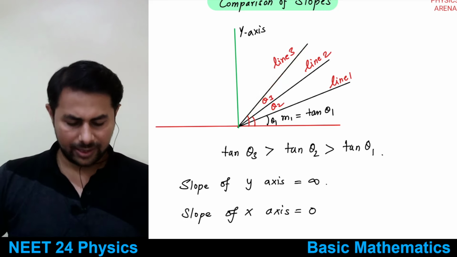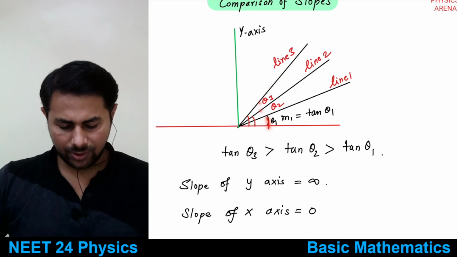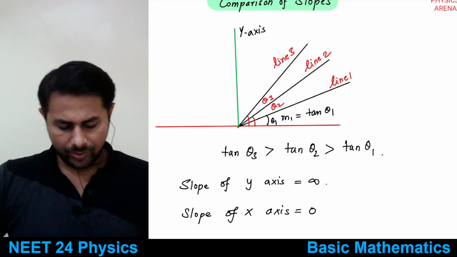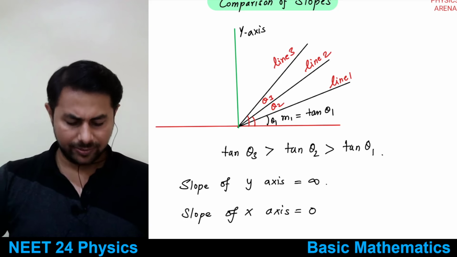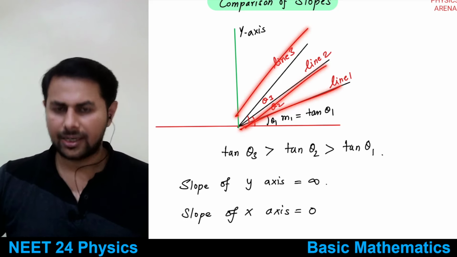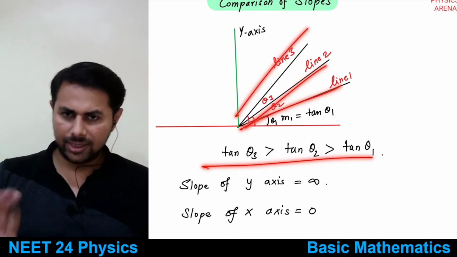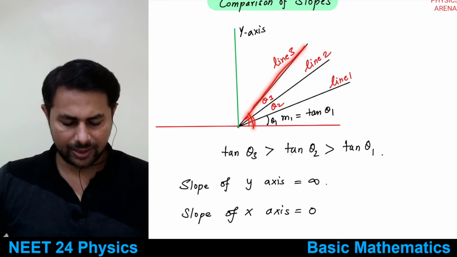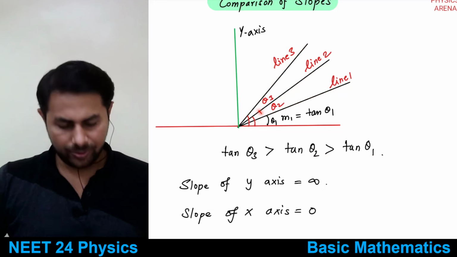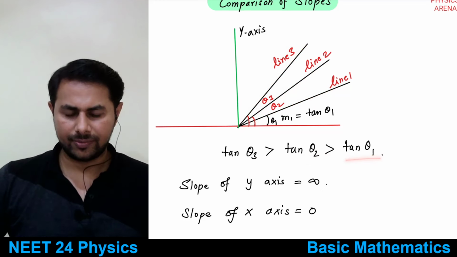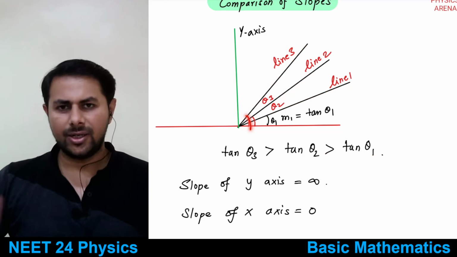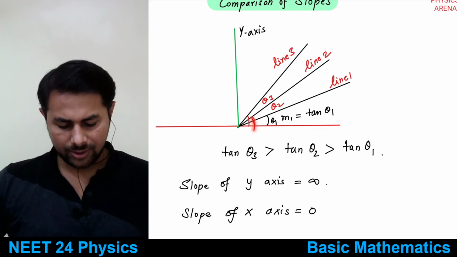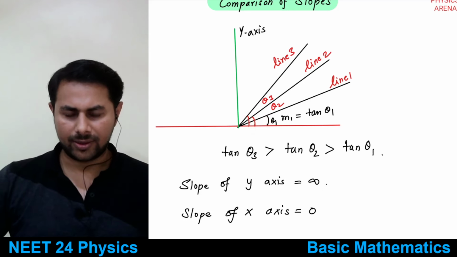Okay. And that means you have theta 1, theta 2, theta 3. So slope is tan of theta. So if you have lines like this, you can easily infer that tan of theta 3 would be greater than tan of theta 2, and it would be greater than tan of theta 1.